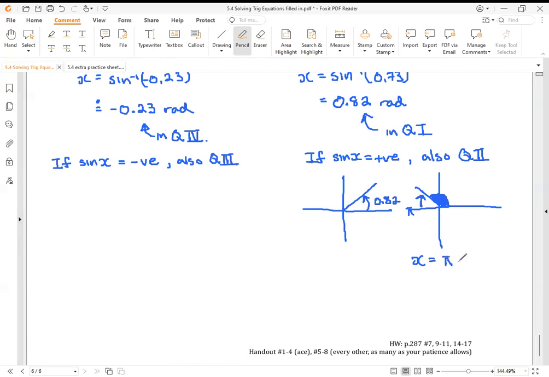The angle for quadrant 2 would be pi minus 0.82, which is approximately 2.32 radians.